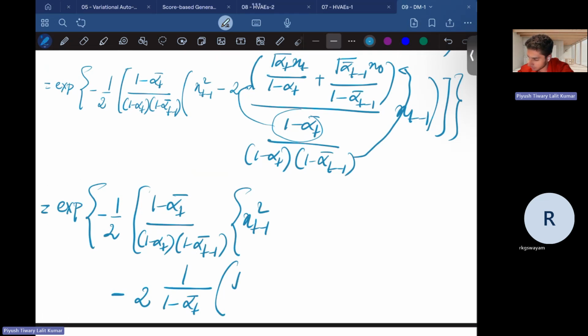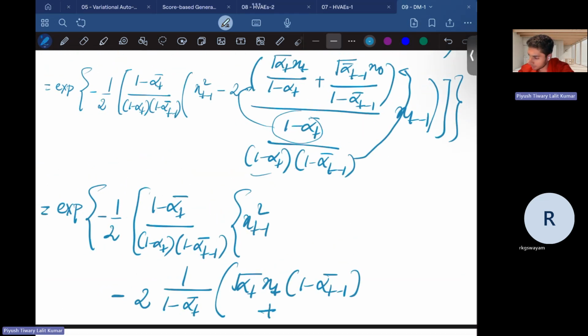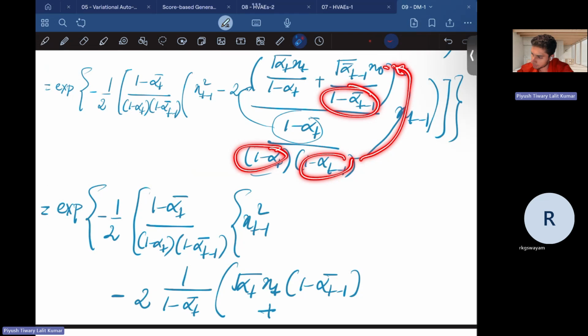If you can follow this through, what is this thing? The first term is root of alpha t xt into 1 minus alpha t minus 1 bar, because the denominator is now cancelled with this thing. Similar thing will happen with the second term, but the other thing will get out. So now you have this term here. These two terms will go in the top and get multiplied.